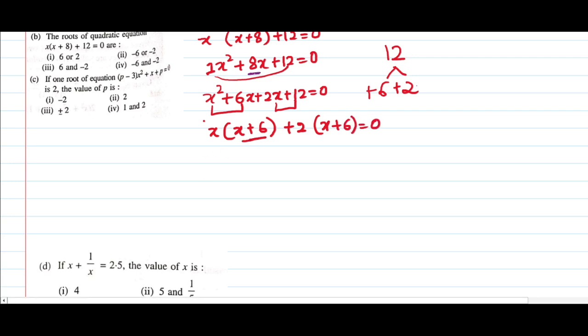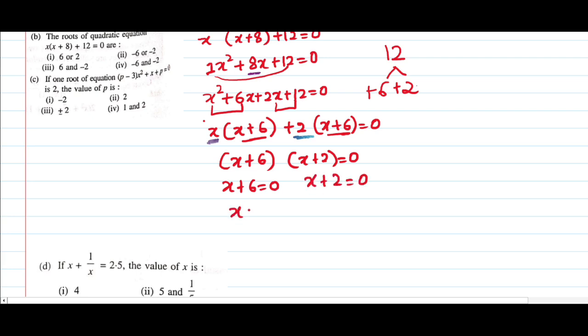Now the common terms we will write only one time, that is x plus 6, and the remaining terms, that is this x as well as this 2, we will write in the bracket, that is x plus 2 is equal to 0. So if we equate x plus 6 is equal to 0 and x plus 2 is equal to 0, we will get x is equal to minus 6 and x is equal to minus 2.